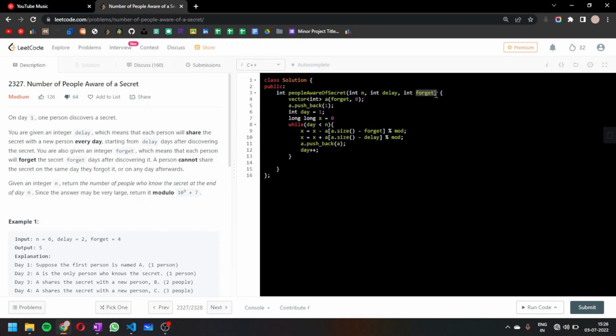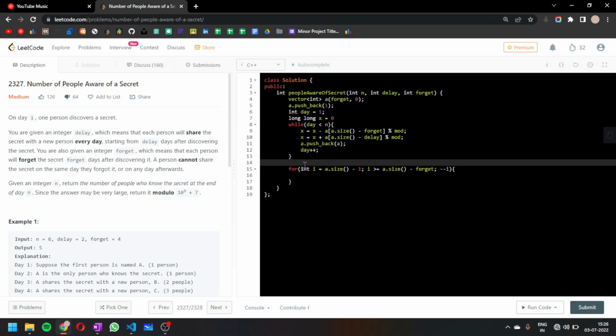So we are going to take the sum of the last 4 elements. So for int i equals a.size() - 1, we want i to be greater than or equal to a.size() - 4, and i--. Also let's make a long variable, a long answer variable.